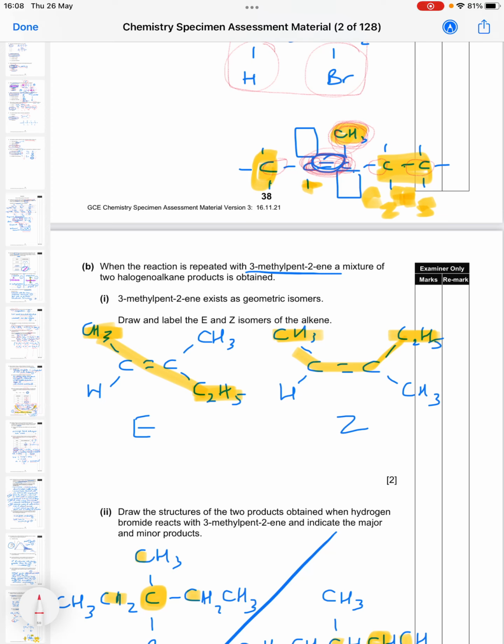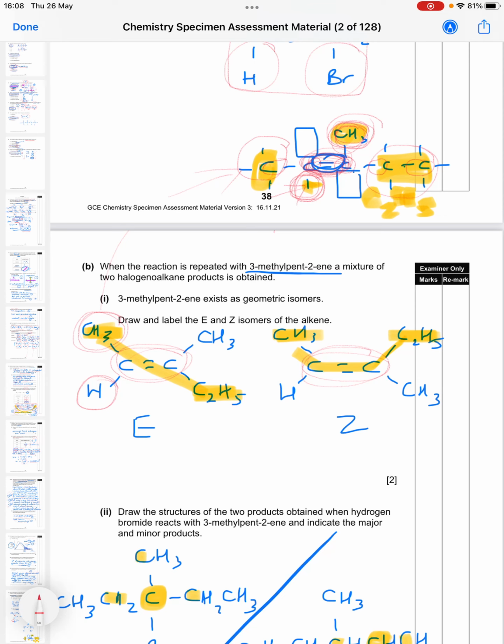So what you need to do then is draw it so that the carbon-carbon double bond is in the middle of the molecule, and just draw whatever else is on each carbon as just separate groups. So on the left-hand side here, this CH3 is this methyl group here, and then the hydrogen is just attached to this carbon here.